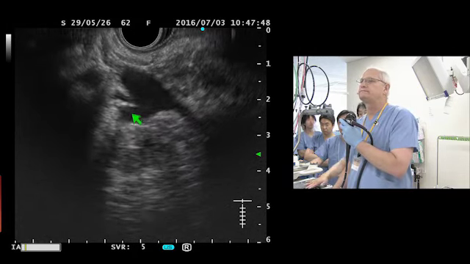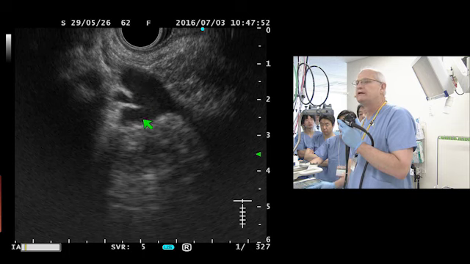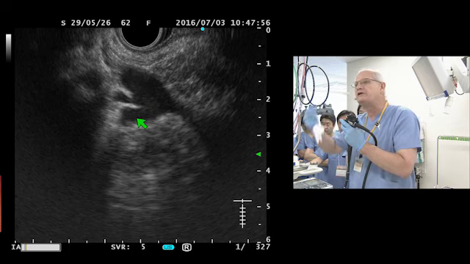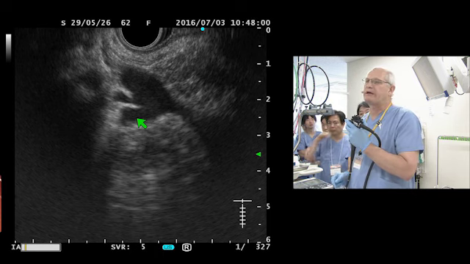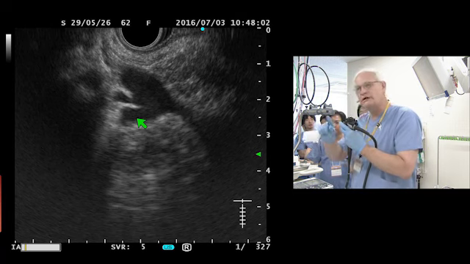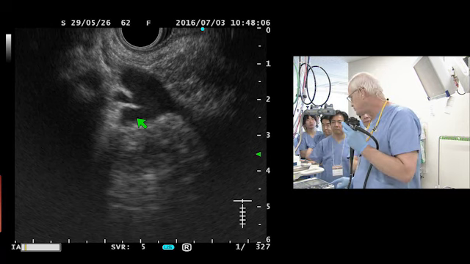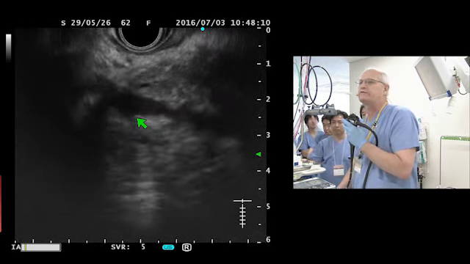Can you freeze it? Thank you. So here is the portal vein. This is the hallmark or the major structure that you need to identify from the apex of the duodenal bulb. Once you find the portal vein, then you can do the tracing necessary in the head of the pancreas.